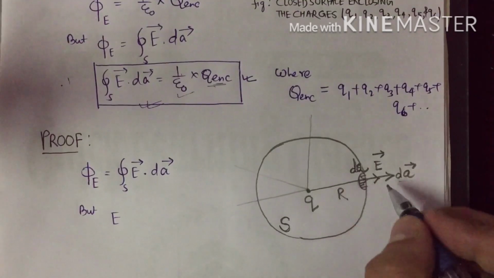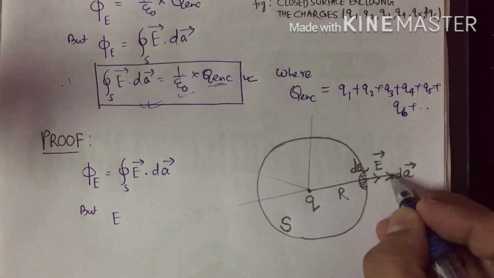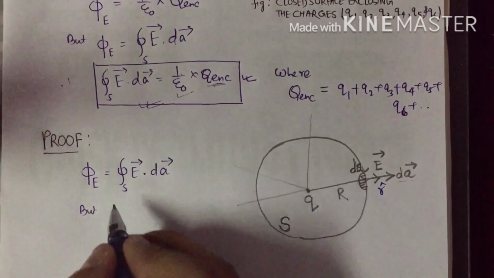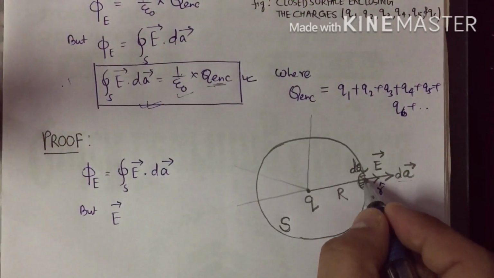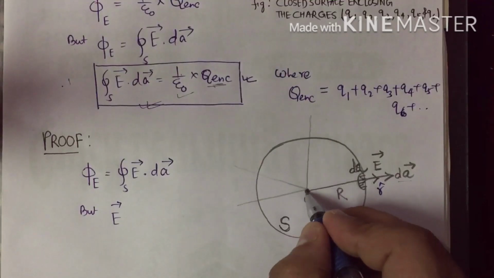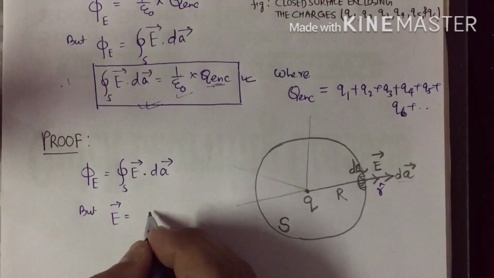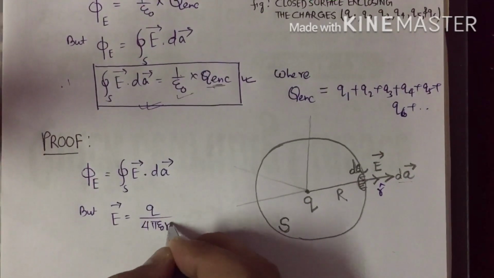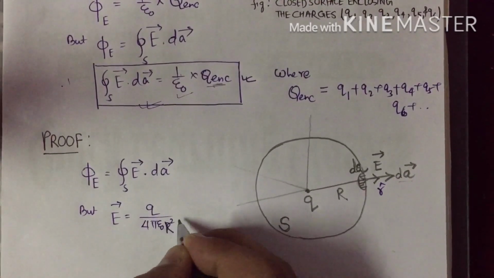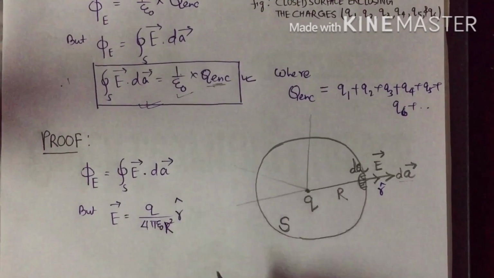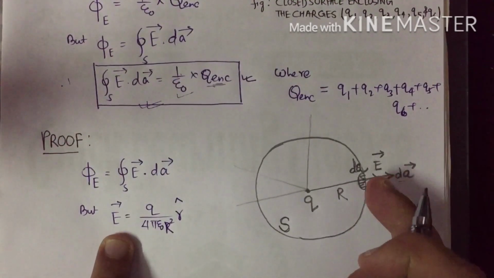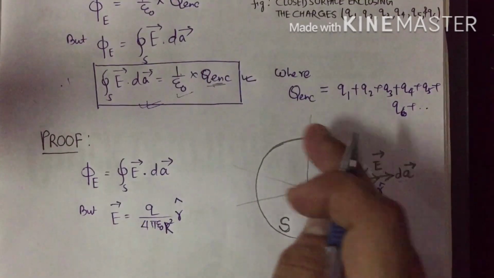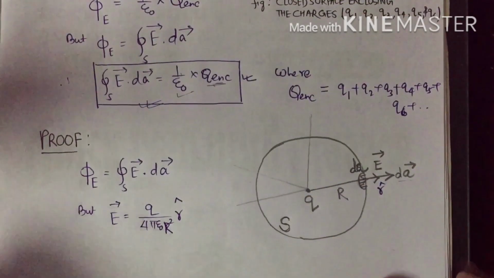If this is your R, let us assume the unit vector along this area vector to be r cap. So the electric field on the surface from the center of the sphere is given as q divided by 4 pi epsilon naught R square, into r cap. This is the total electric field on the surface of the sphere enclosing a charge q at the center.